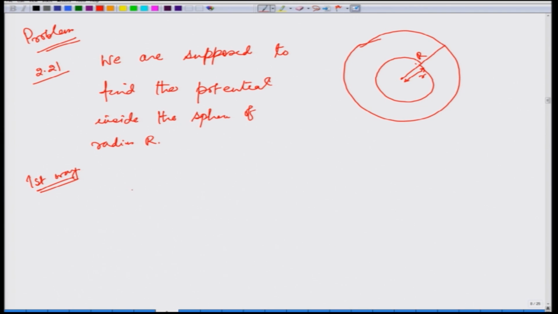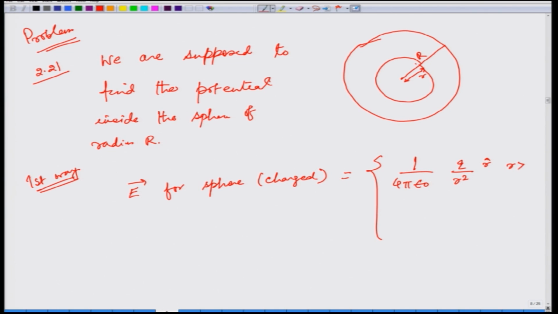I hope you have done this by now: the electric field due to a solid charged sphere is 1 by 4 pi epsilon naught q by r square r cap for r greater than R, and this is 1 by 4 pi epsilon naught q r by R cube for r less than R. So this is the field due to a uniformly charged sphere.